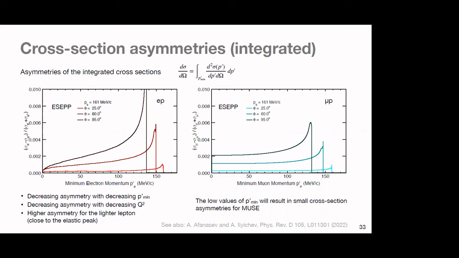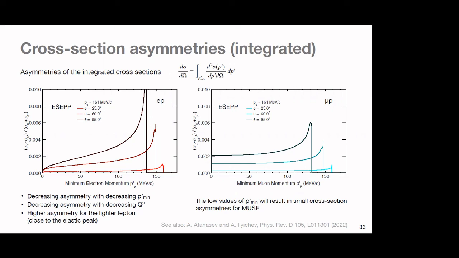Where MUSE sits, the asymmetry in these corrections is so small that we will not be able to see it. That may be good news, because the radiative corrections here only include the soft photons. So whatever asymmetry we see is then most likely due to the more interesting hard photon contribution.